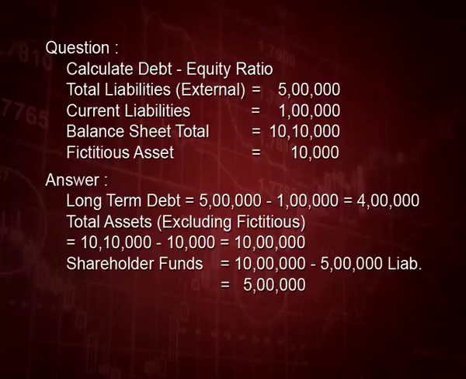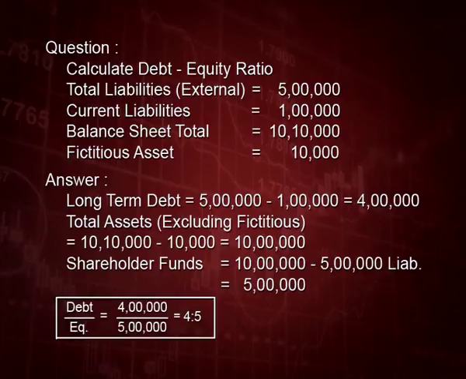Now, shareholder funds is equal to total assets minus long term liabilities, or total liabilities. Yes, total liabilities, which makes it 10 lakh minus 5 lakh, that is 5 lakh. Now calculate debt equity ratio. Debt is 4 lakh and equity is 5 lakh. So, the ratio becomes 4:5.